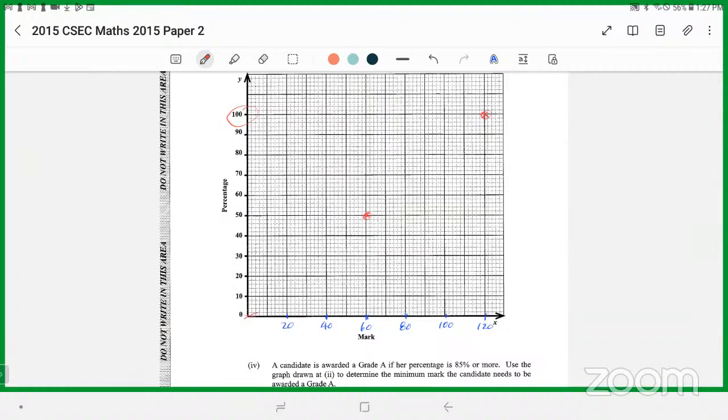So a straight line through this now becomes your graph. You roll and draw a straight line through this, like that.